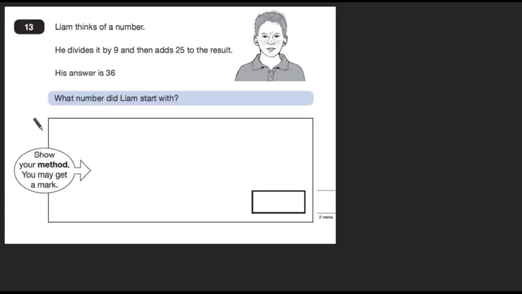Question number 13. Liam thinks of a number. So we don't know what that number is. He divides it by 9, and then he adds 25 to the result, and the answer is 36. For this kind of question, you do the inverse operation.